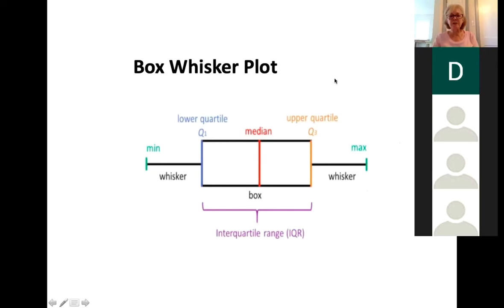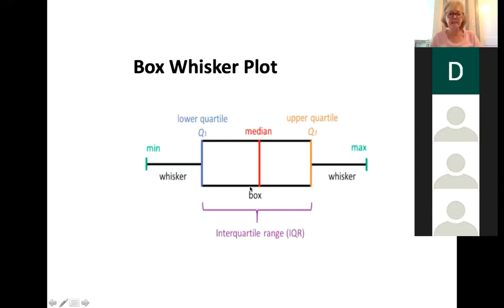So if we're going to talk about the interquartile range, I have to talk to you about a graph called a box whisker plot. It's very, very popular in statistics. What it does is it orders things from smallest to largest, and there's a marker for the minimum and a marker for the maximum.